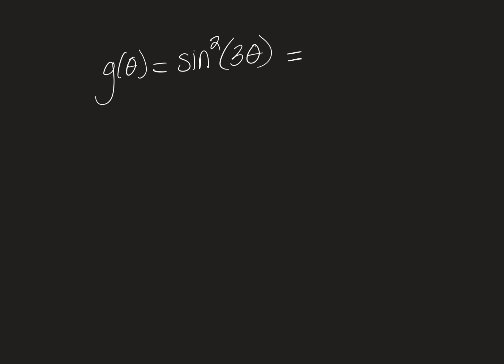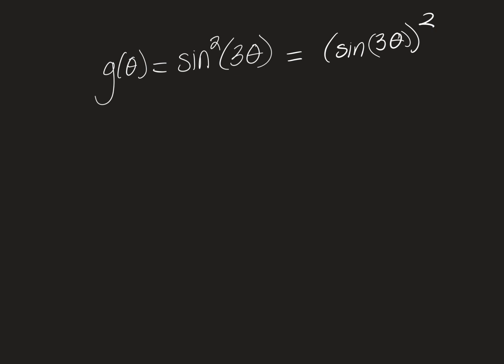Remember, you have to do sine 3 theta squared, which means it's sine squared. The squared is your outside function. Why is it not cosine? I haven't taken the derivative yet, Isaac. I'm rewriting that because you have to recognize that when a trig function is squared, the squared is your outside function.